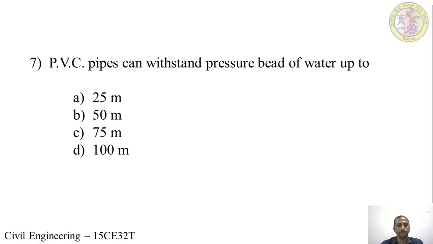Question number 7. PVC pipes can withstand pressure rate of water up to A. 25 meter, B. 50 meter, C. 75 meter, D. 100 meter. And the answer is D. 100 meter. It can withstand pressure rate up to 100 meter.